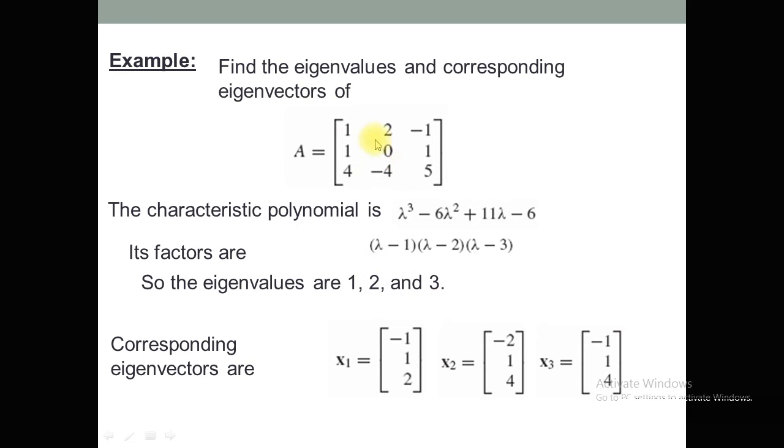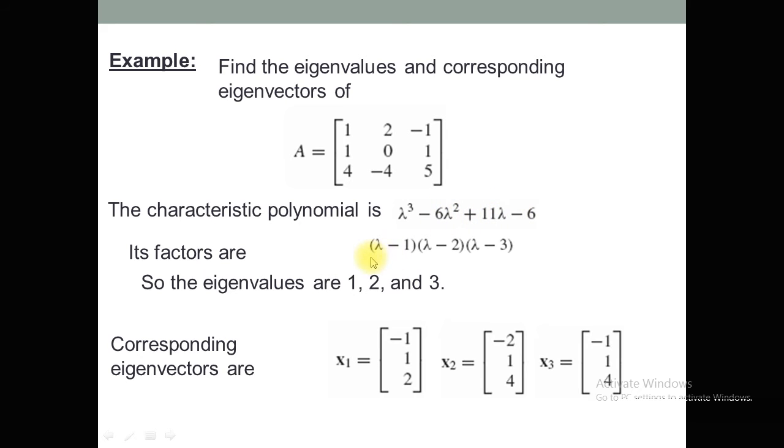First of all, use the characteristic equation: determinant of A minus lambda I3 is equal to 0. You will obtain a characteristic equation in which lambda appears, and solve this characteristic equation.